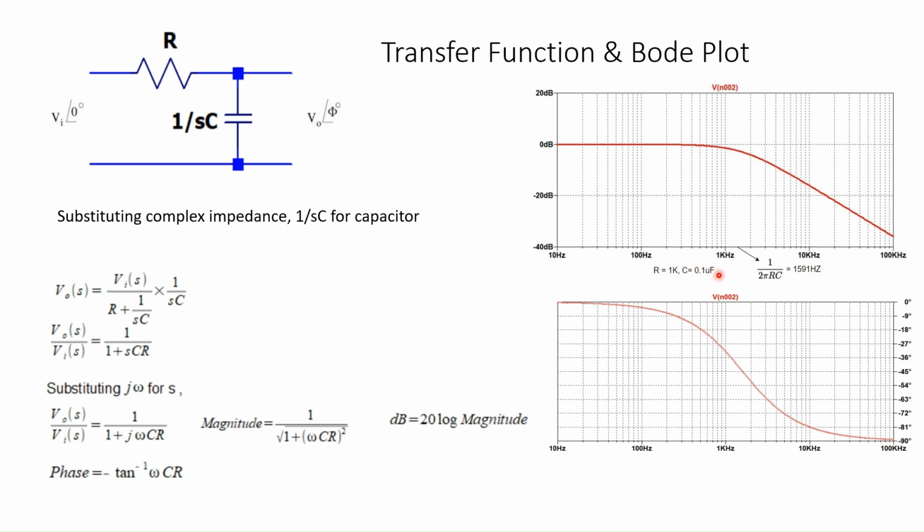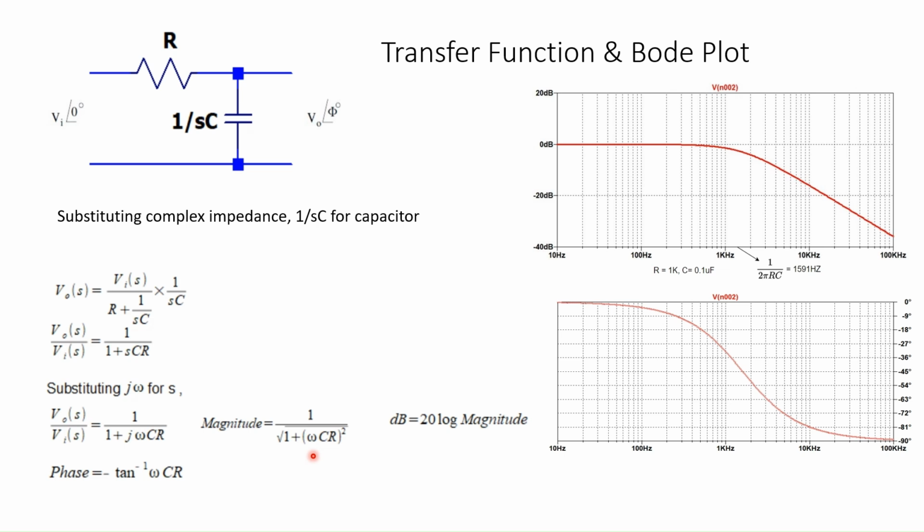On the right side, the Bode plot has been shown. X-axis is frequency in hertz in logarithmic scale, and y-axis is dB in linear scale, and for the phase y-axis is in degrees.